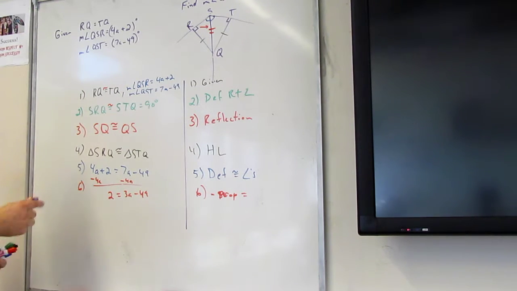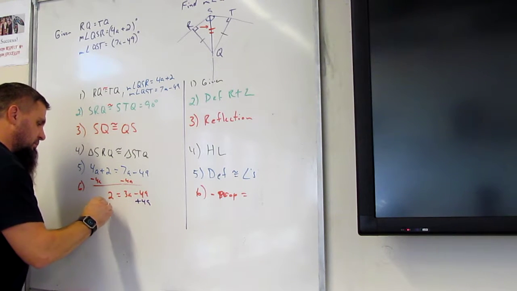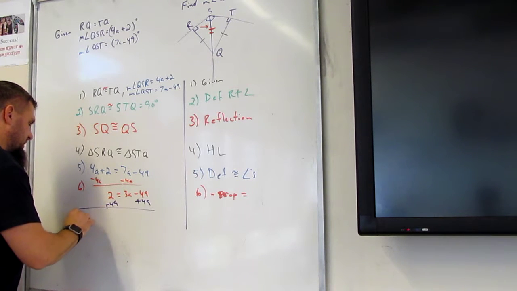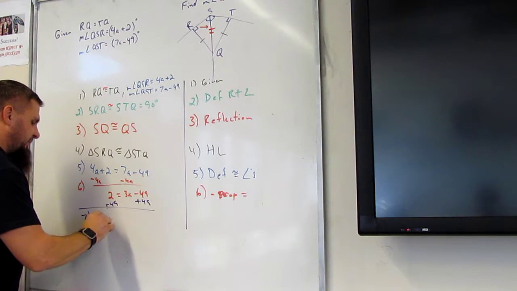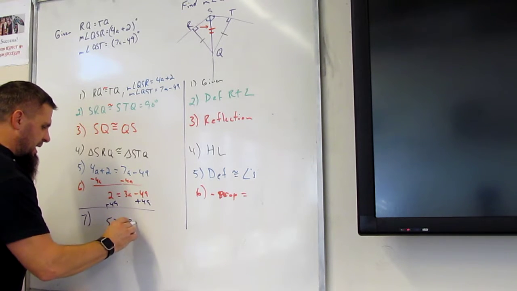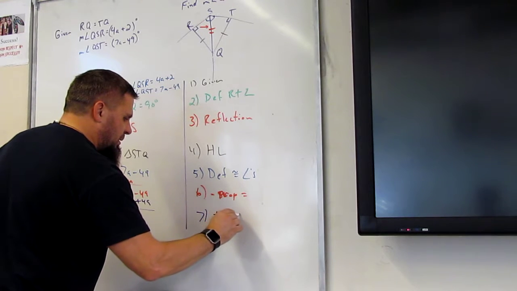Okay? Next what? That's right. So adding 49 gets me 51 is equal to 3A, and that's addition property of equality.